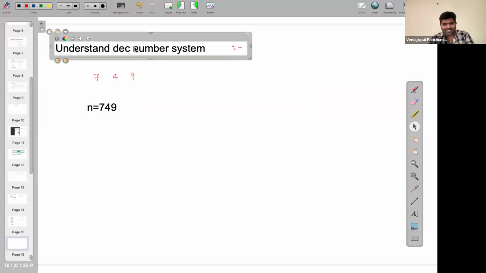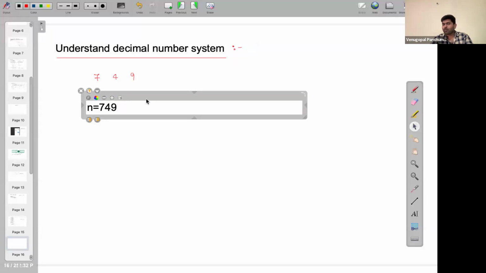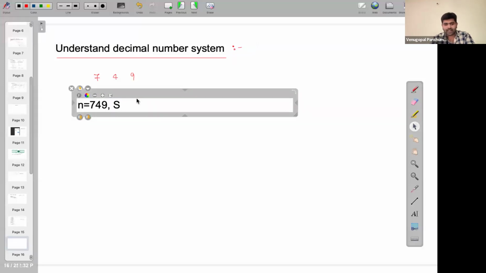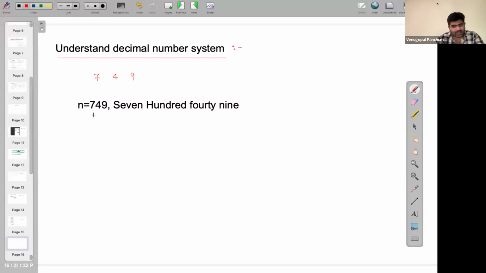How are we going to pronounce this, friends? It's 749. Which means this is the hundreds place, this is the tens place, this is the units place.